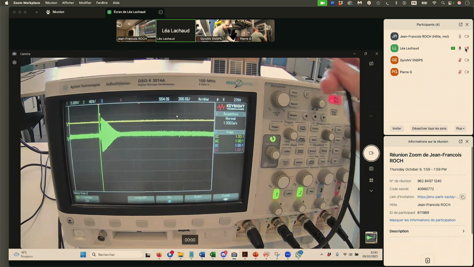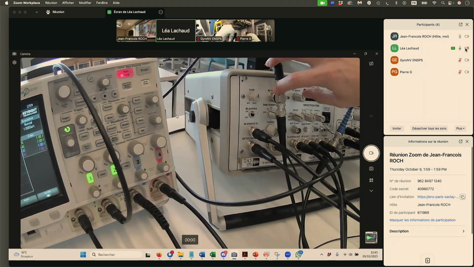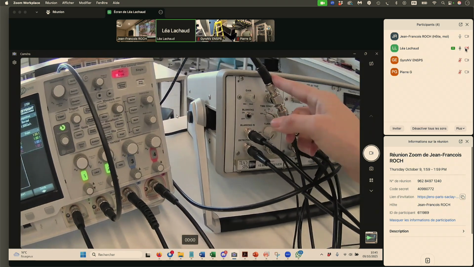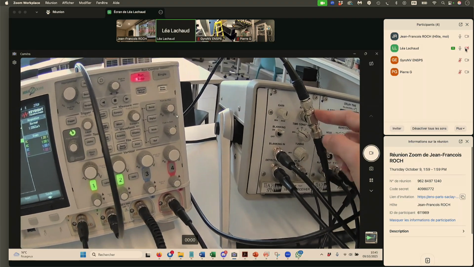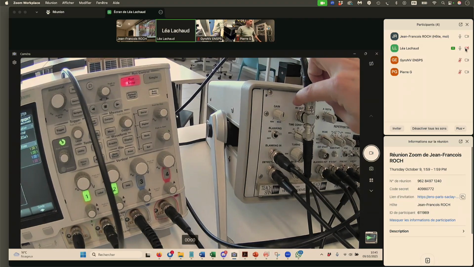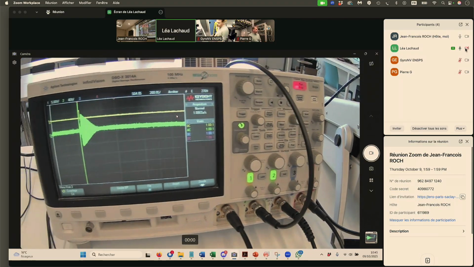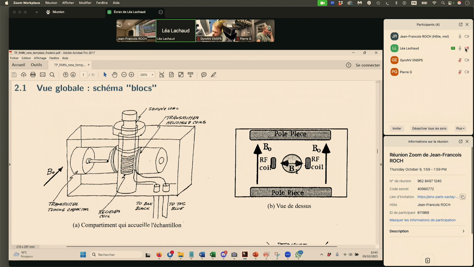So this signal is the reception, meaning the spin response, actually. Here you have radio frequency out, meaning it's the signal collected by the detection coil, the one you have here, right?